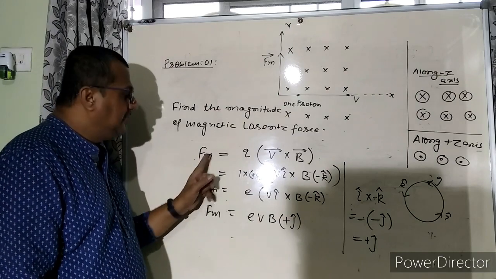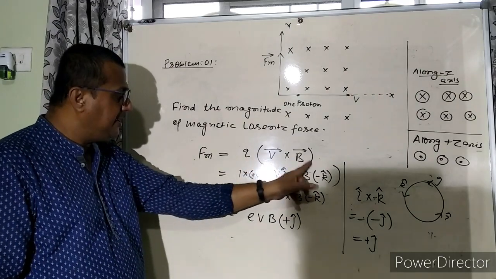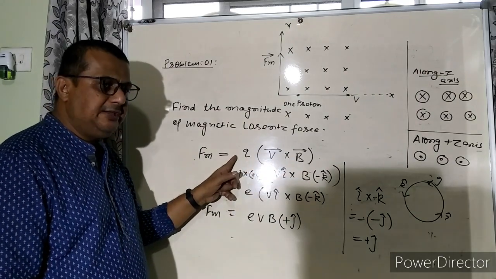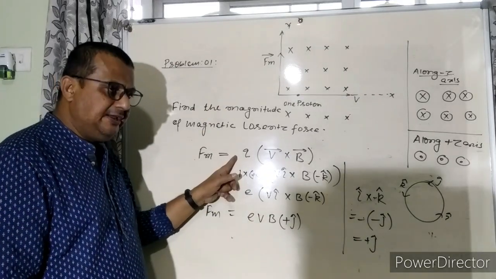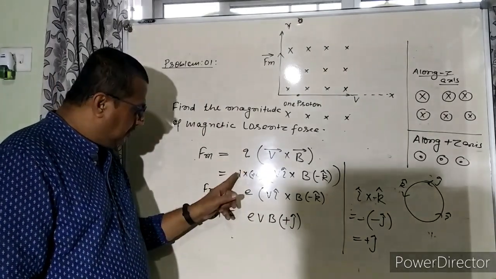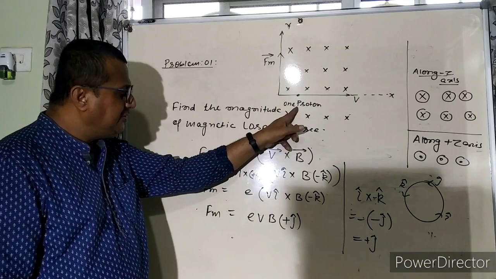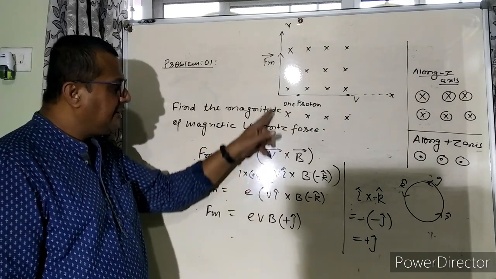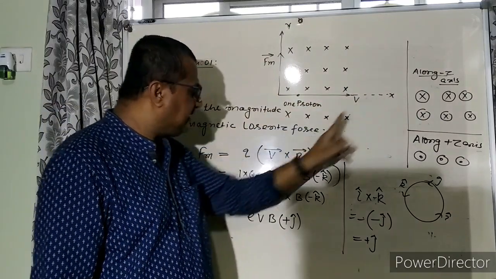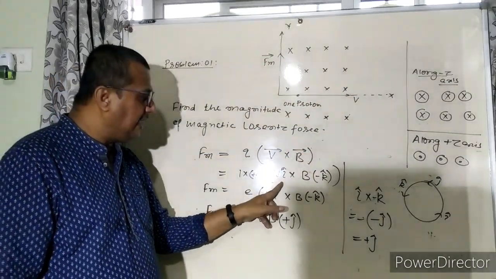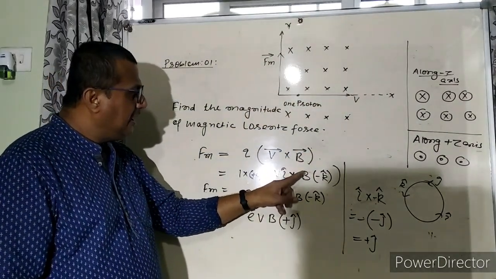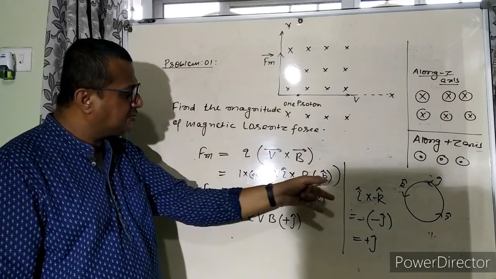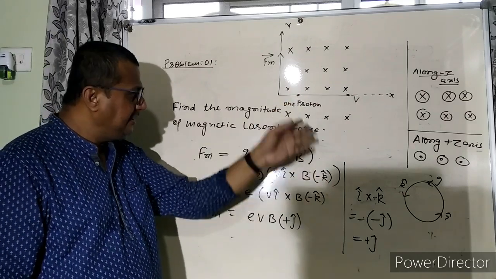The magnetic Lorentz force is equal to Q V cross B. Q equal to NE. N equal to 1, one proton is here, E plus E, V. The direction of the proton is along x-axis, so this will be equal to i cap cross B, and the direction of the magnetic field is minus k cap, inside.